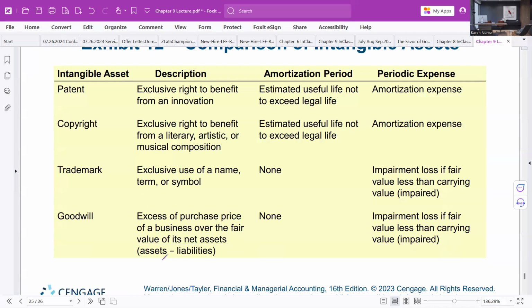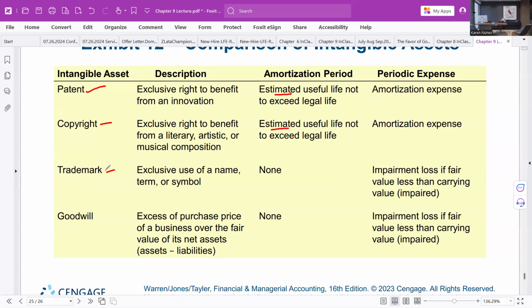So to summarize these intangible assets, patents and copyrights are going to be amortized, right? I'm sorry, patents and copyrights. The current GAAP is to amortize those over their useful life. You can't exceed the legal life. You have to choose whatever the useful life is.